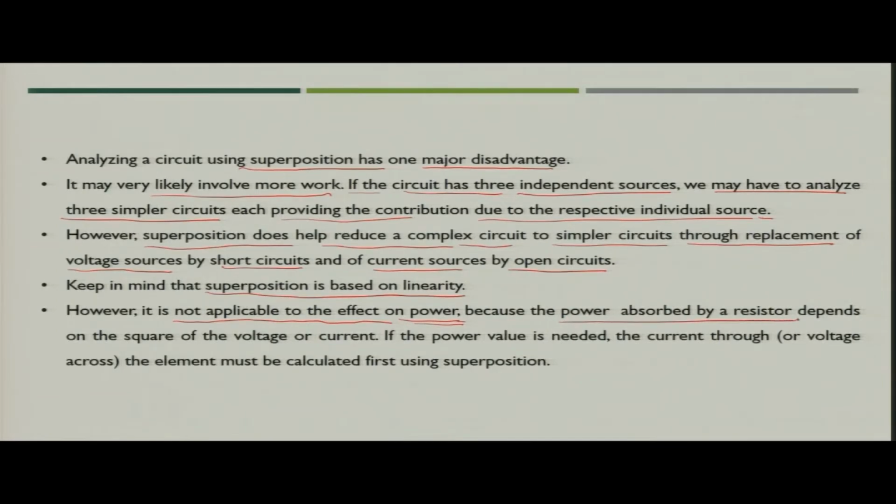Because power absorbed by a resistor depends on the square of the voltage and current, which is a non-linear relationship. Now, if you need to find the value of power, what can you do? You can either find the value of current or voltage with the help of the superposition theorem, and then finally calculate the value of power after getting the value of current and voltage.